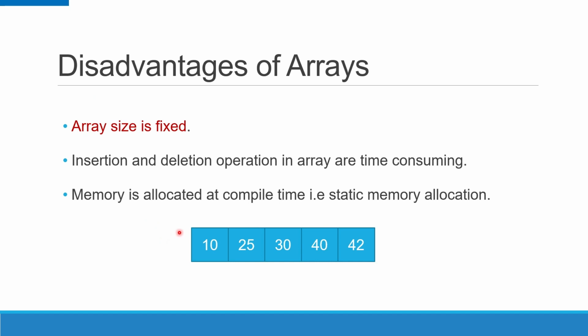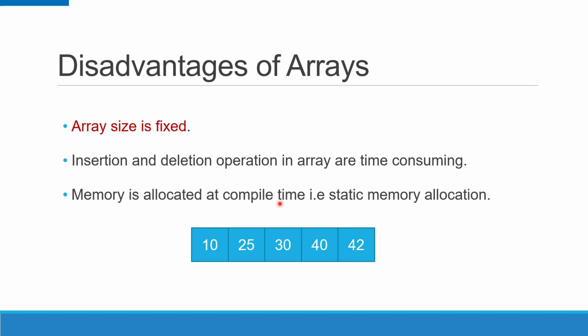Next, memory is allocated at compile time. When you allocate memory at compile time, that is called static memory allocation. So what is this compile time memory allocation? It means that before the program execution, the memory will be allocated. Since the array size is fixed, before the execution of the program, the memory will be allocated for the particular array.